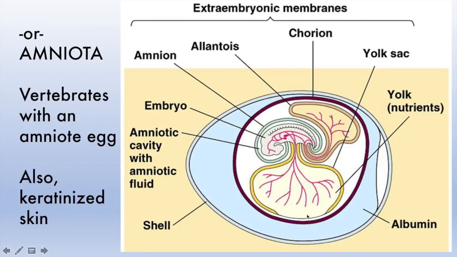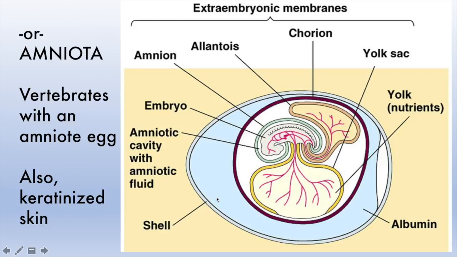The yolk sac contains nutrients that will be used to fuel and provide biomass for the embryo. And surrounding the amnion, the allantois, and the yolk sac is this other membrane layer called the chorion. So the chorion contains those 3 membranes.